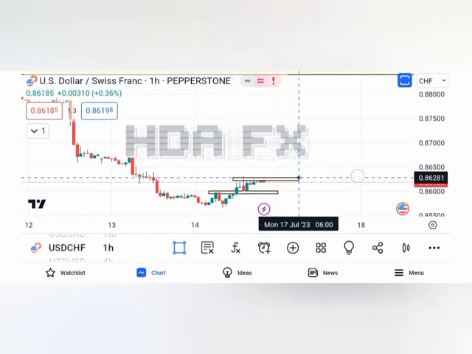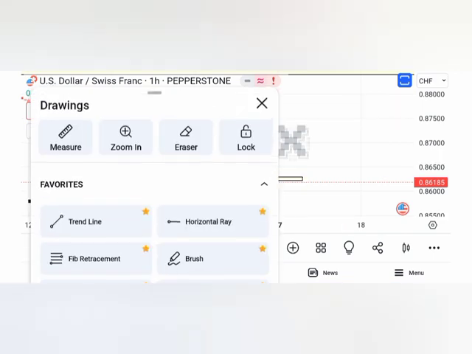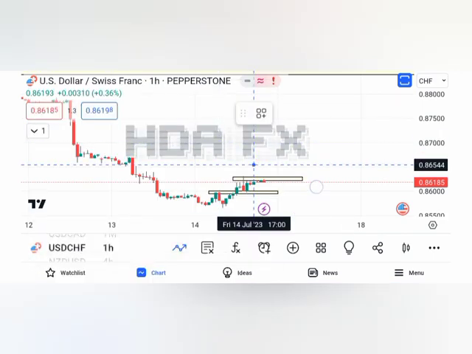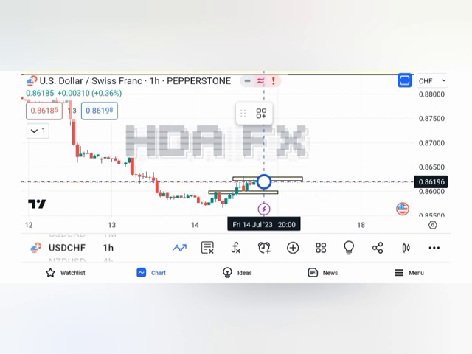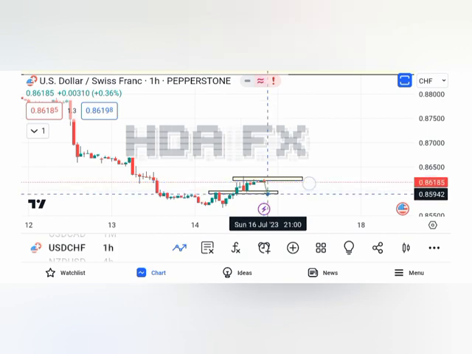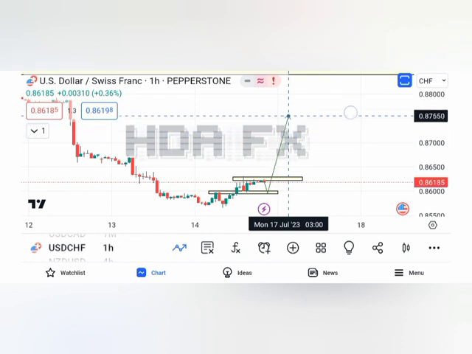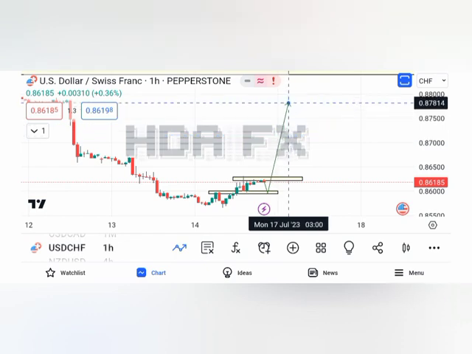So now what I want to see is price come down to this point here, then buy at this particular zone by confirming with candlesticks. Then I buy straight up. So this is my analysis on USDCHF for this coming week.